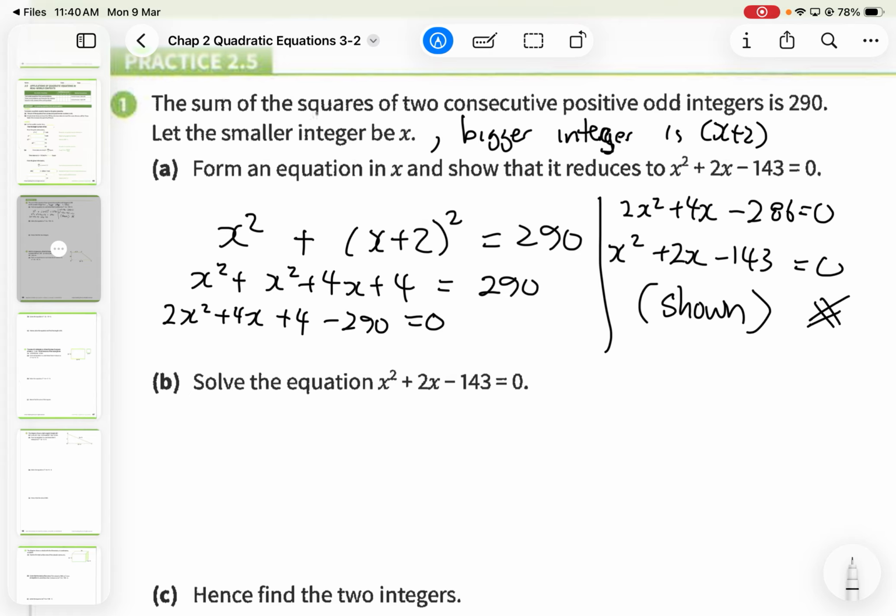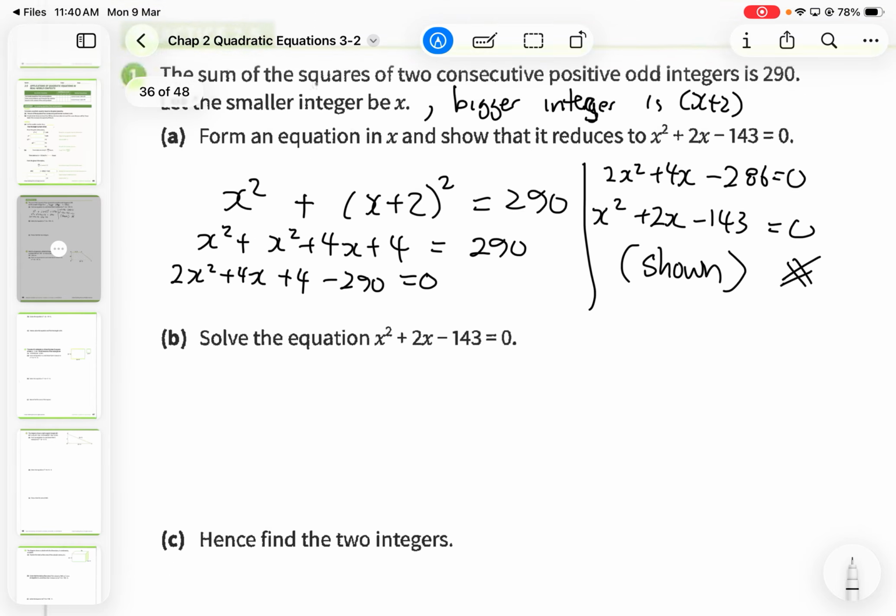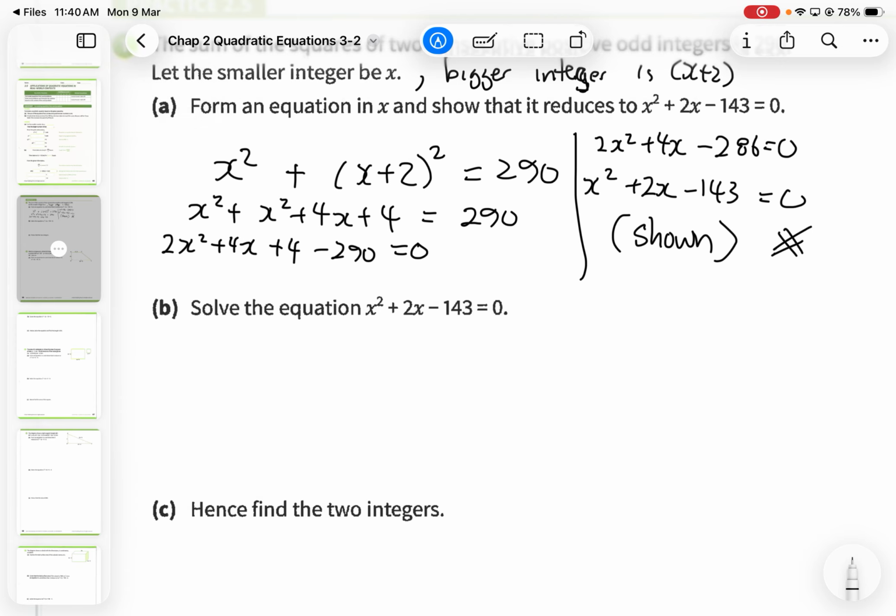So a word problem is translating English words into an equation. Then after that, they ask you to solve. The easier way would be a equals 1, b equals 2, c equals negative 143. Actually no need.